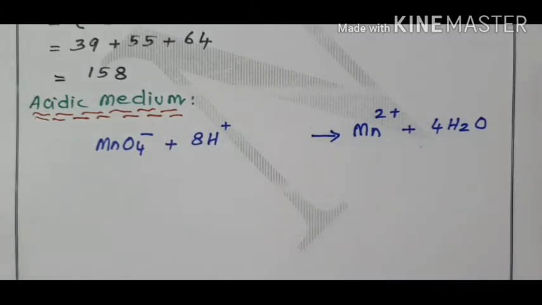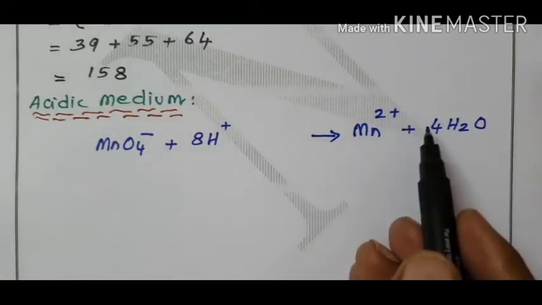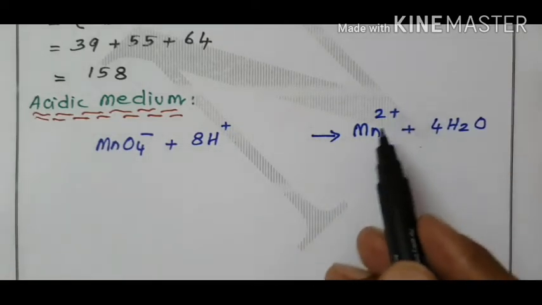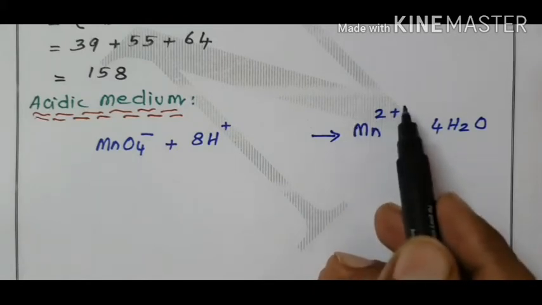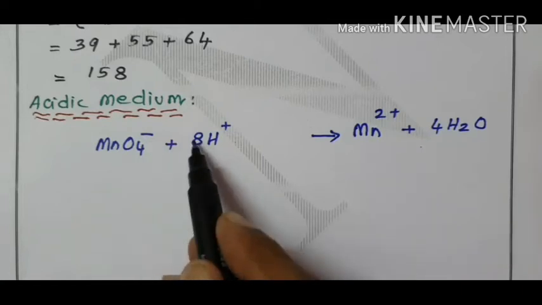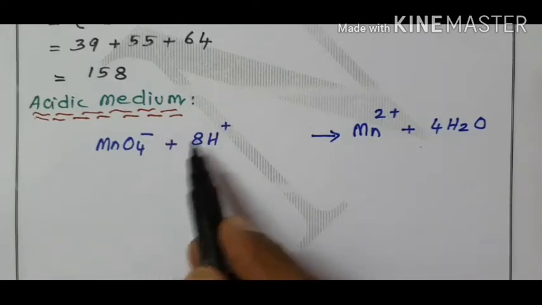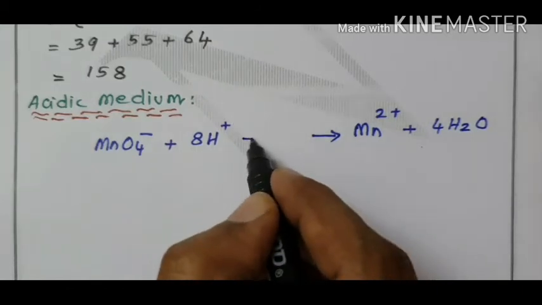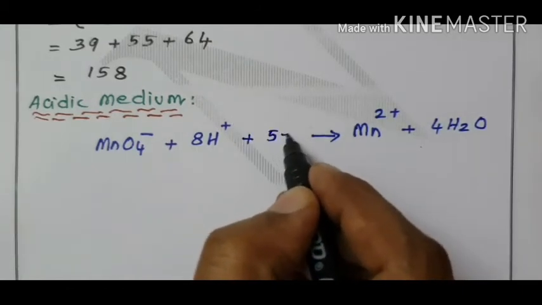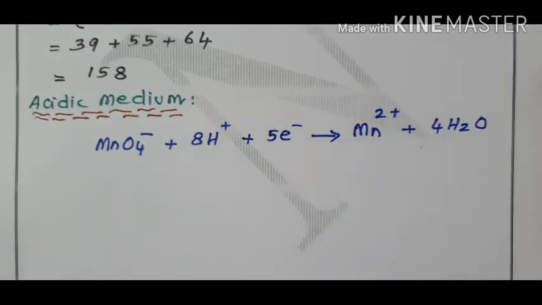Finally, we have to balance the charges on each side. There must be equal charges. Right hand side we have 2 plus, so left hand side must be 2 plus. Here you have 1 minus and 8 plus; 8 plus 1 minus gives 7 plus. So, by adding 5 electrons, 7 plus 5 minus will give 2 plus. Both sides, the charges are now equal.